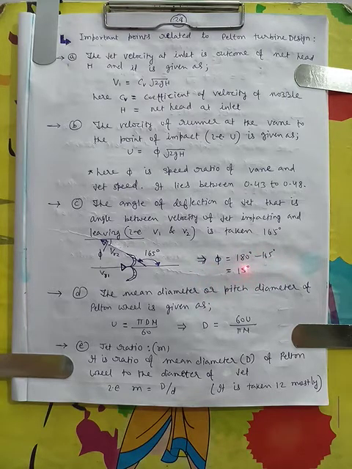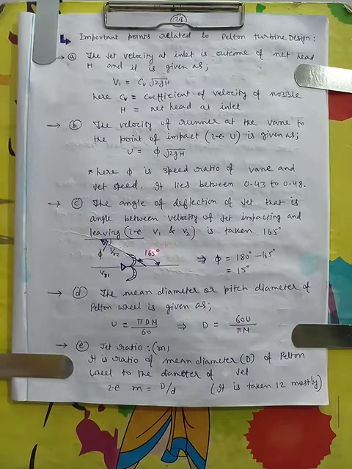So this phi is given by 180 minus the angle of deflection, for example 180 minus 165. So phi can be found out from the angle of deflection. This is the initial relative velocity, this is the final relative velocity.